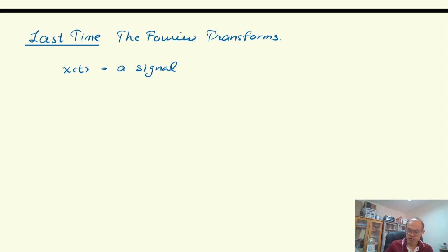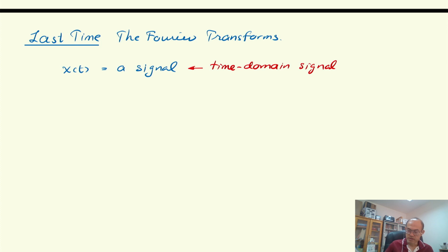The Fourier transform of x(t), well, notice that this is a time domain signal. The reason why I say that this is a time domain signal is because its value depends on the variable t, which is the time variable. The Fourier transform will transform a time domain signal into a frequency domain signal.